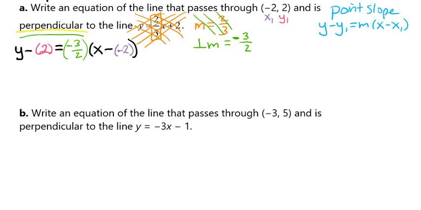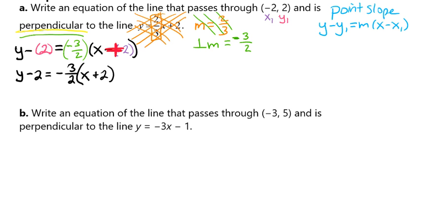And we see that we have double negatives here. So that's like a giant plus sign. So now we have y minus 2 equals -3/2 times x plus 2.